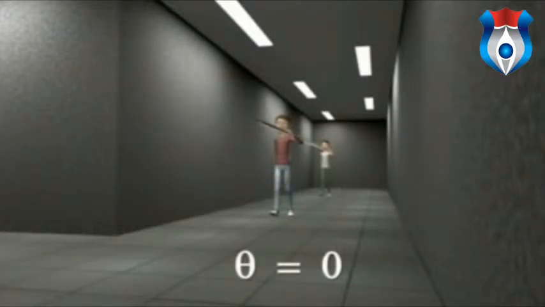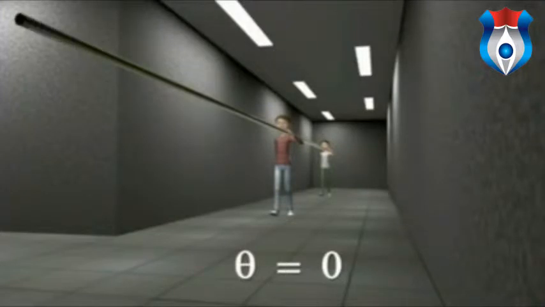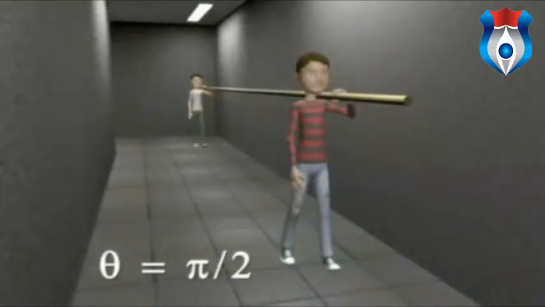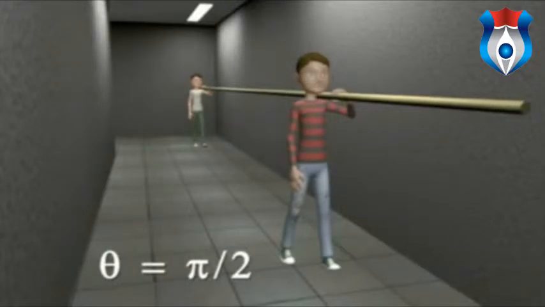And we can see that as theta tends to 0, L tends to infinity, which means that if the pipe is completely in the broader hallway and there is no turn, then an infinitely long pipe can be carried through such a hallway. Likewise, if theta is equal to pi by 2, the pipe is completely in the narrow hallway and there is no turn, we can carry an infinitely long pipe through such a hallway.